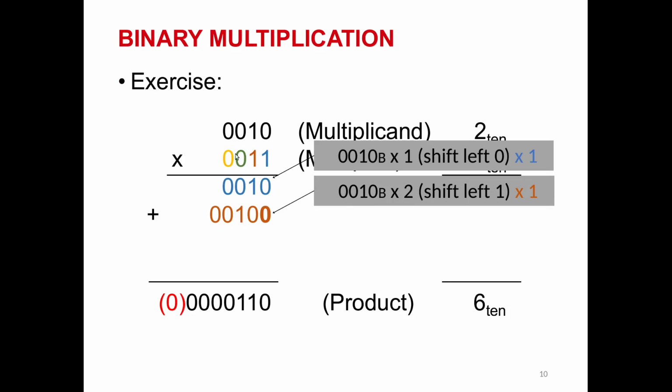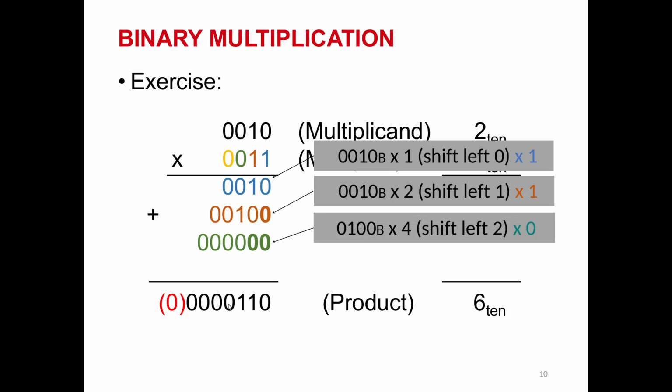After that, this value of 0 multiplied with this multiplicand, and we have this 0 value, and if we add this 0 value together with the product it doesn't change at all, and so we still have this value.